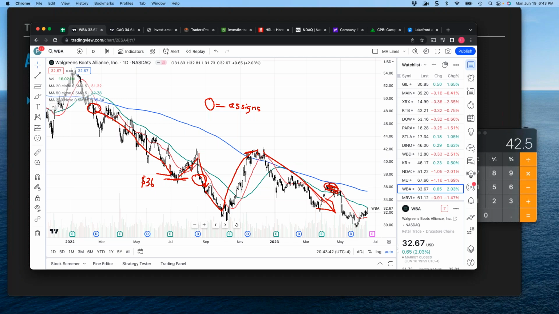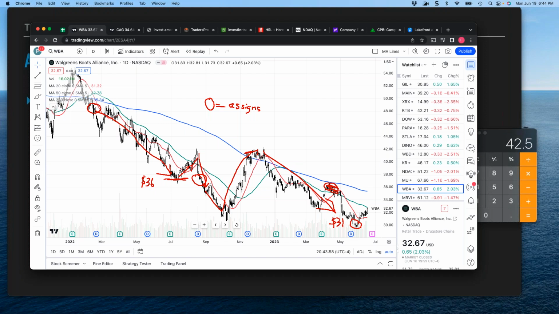Then I was assigned here. Stock was at 30, I was assigned at 31. For the sake of our example.